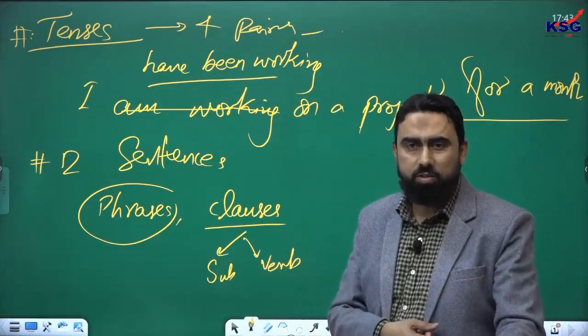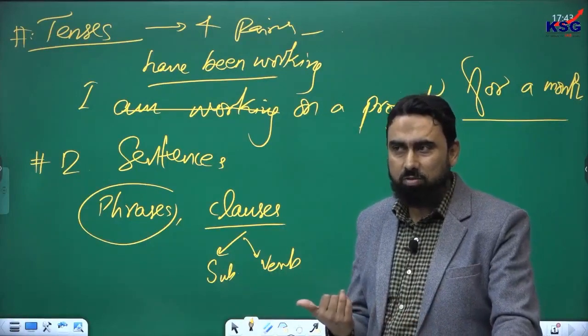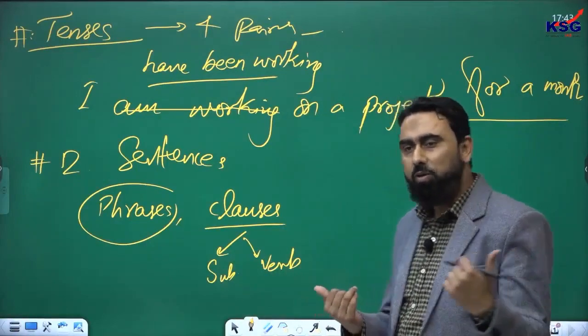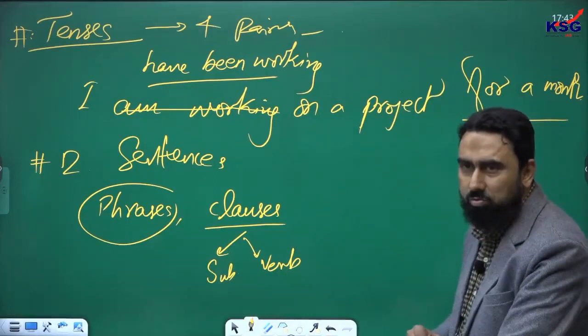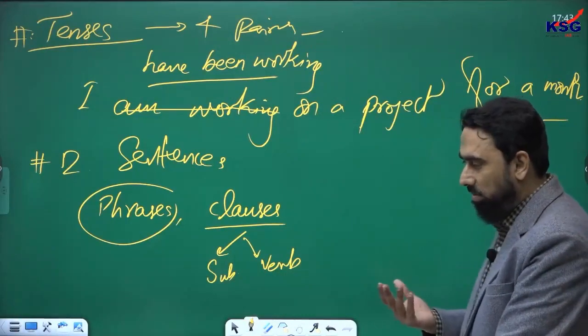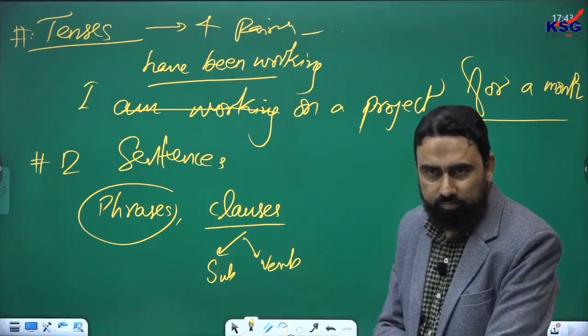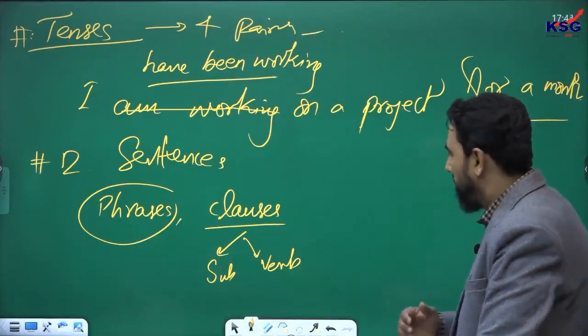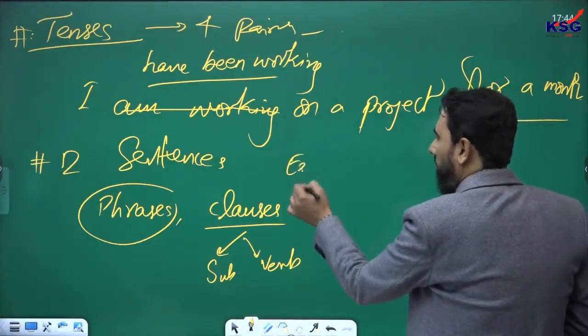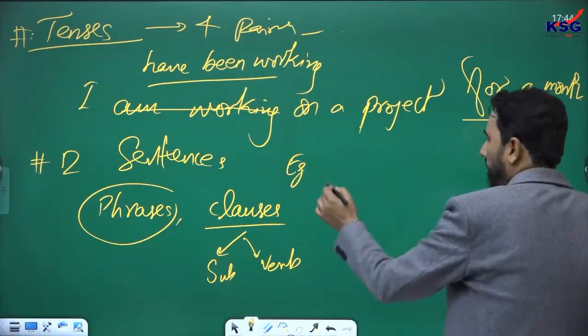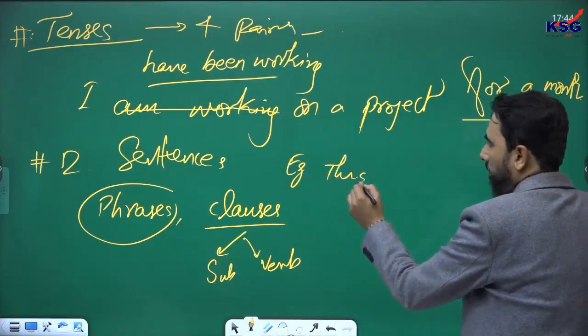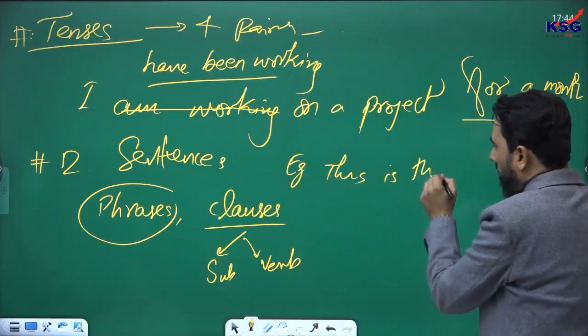There are 2 clauses here. "This is the man," one clause, "who has been." So I told you that while reading some clauses, you notice that they are dependent in meaning on the other one. This is the person.